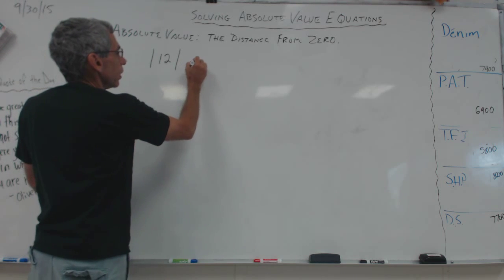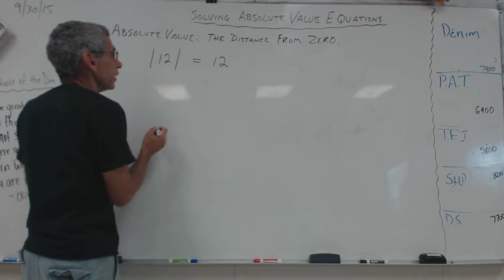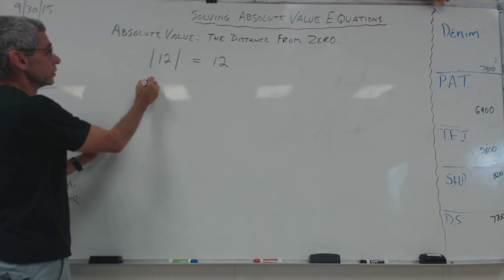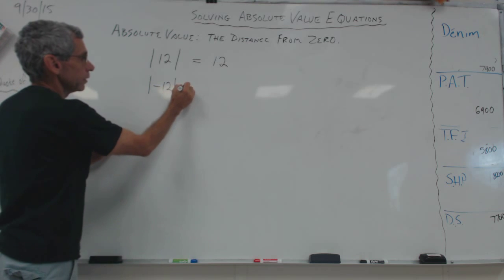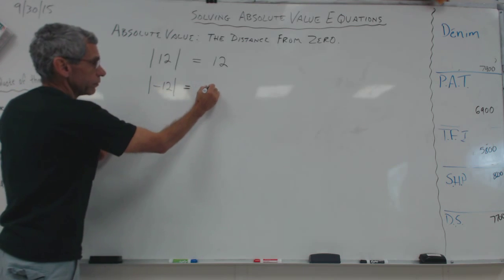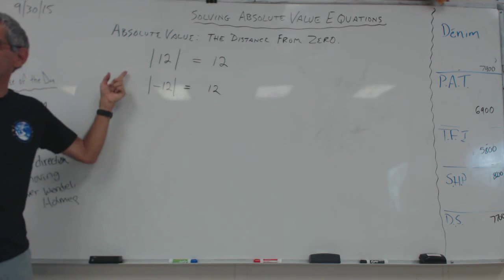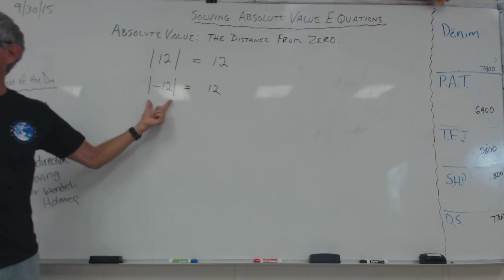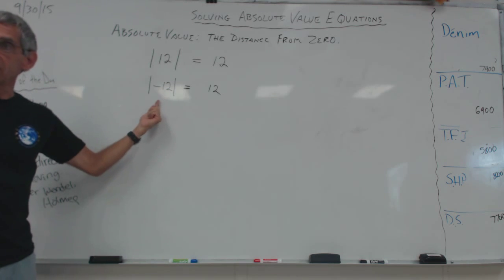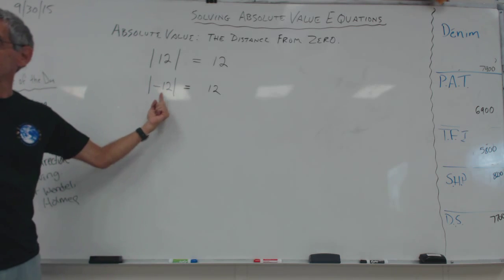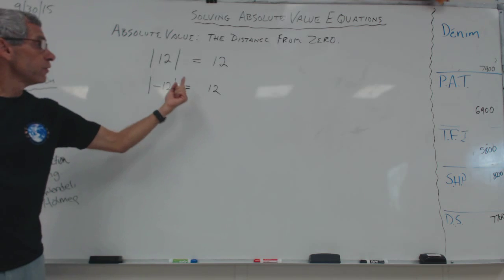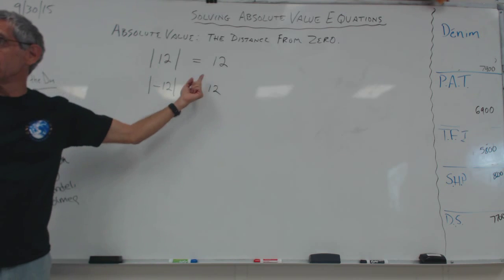So the absolute value of 12 is 12. Now, this is the interesting thing. The absolute value of negative 12 is 12, right? Well, that's interesting. So an absolute value will take the value inside the absolute value lines and turn it positive. If it's already positive, it just stays positive. It doesn't turn it negative.